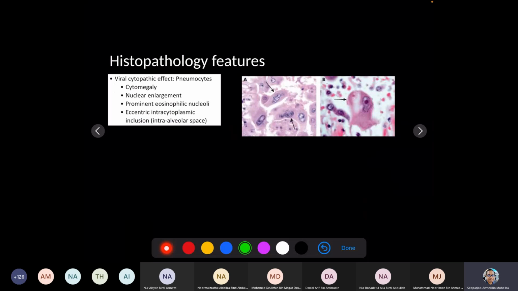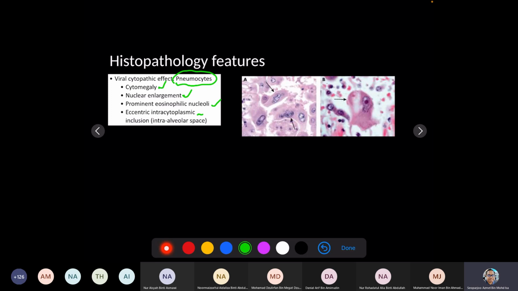So in COVID-19 infections, if you look closely at the pneumocytes in the lungs, you can see there will be some cytomegaly, nuclear enlargement, prominent eosinophilic nucleoli, and eccentric intracytoplasmic inclusion.